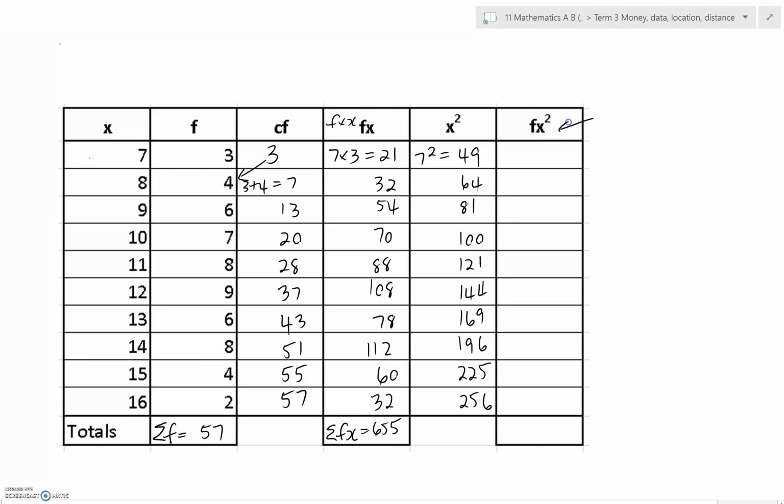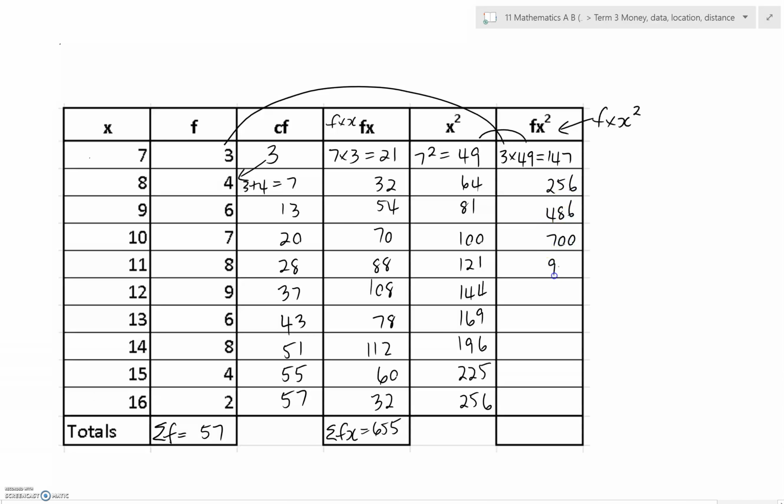But this is one you haven't seen before. So this is f times x squared, or the frequency times this x squared column. So the first one would be 3 times 49, 49 coming from here, the 3 coming from here. So that's where they came from. So go through and work all of those out as well.